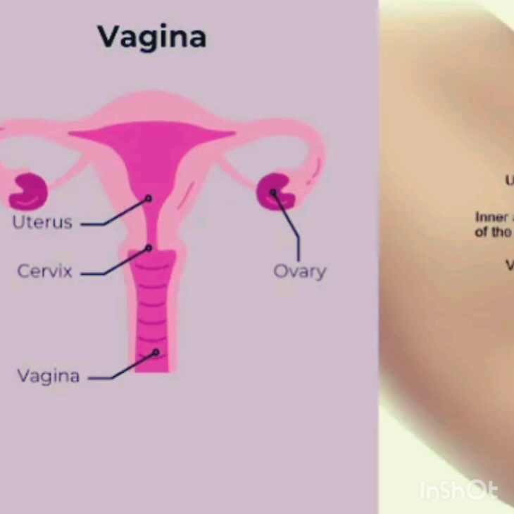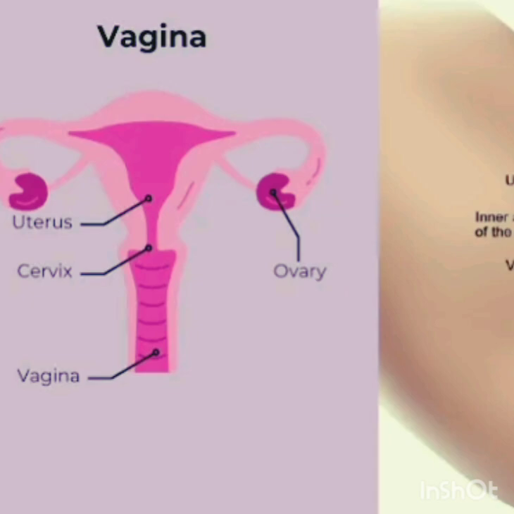Implantation will occur between 7 to 9 days in the uterus, and the zygote becomes an embryo between 2 to 8 weeks.